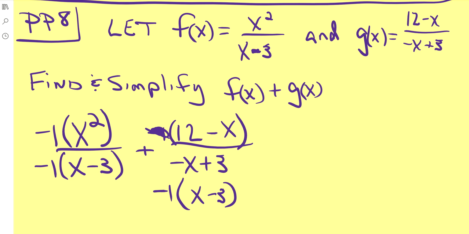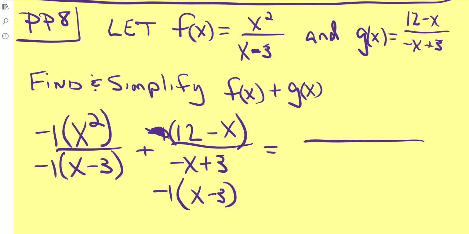All right, so I factored this denominator here. It gave me negative 1 times x minus 3. Then when I compare the two denominators, these have x minus 3 already. This one had the negative 1, but this side did not. So I gave this side the negative 1 and multiplied it top and bottom. So amongst all that, what have I got?